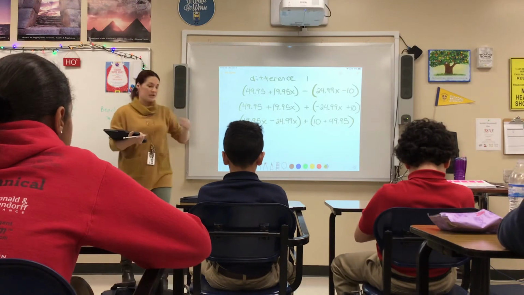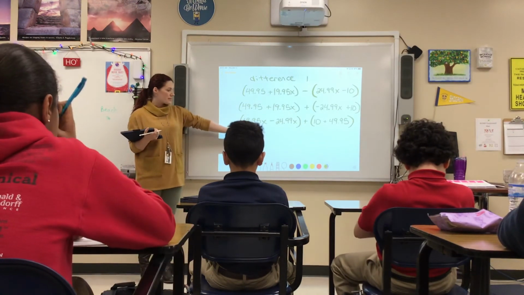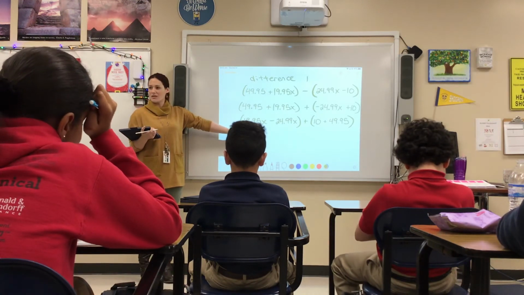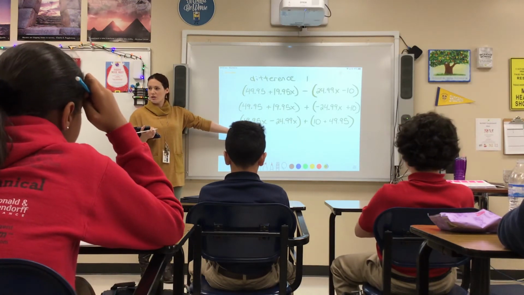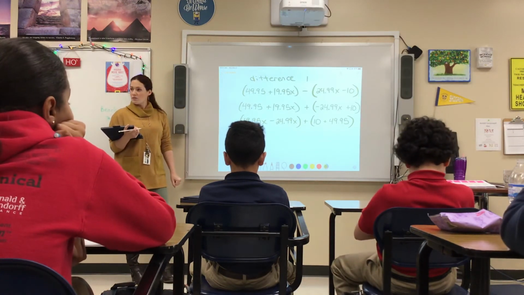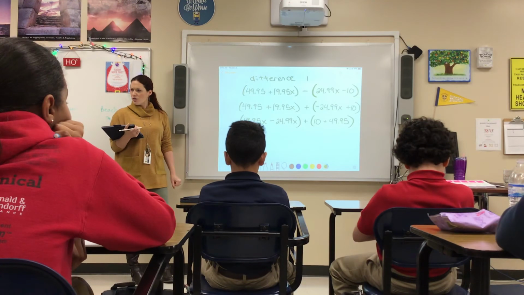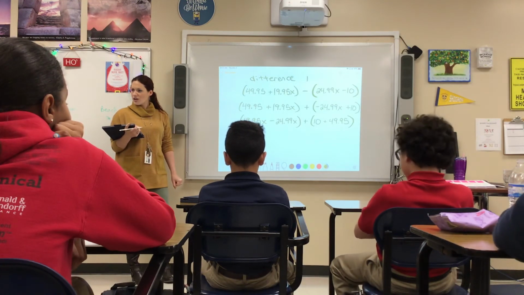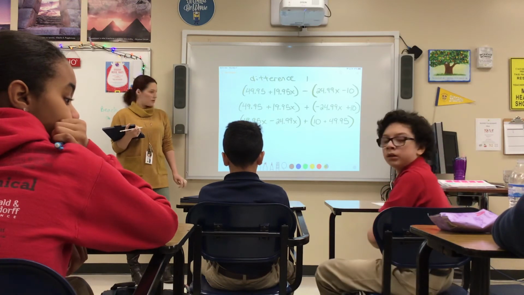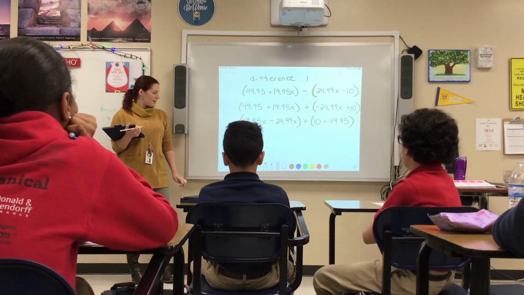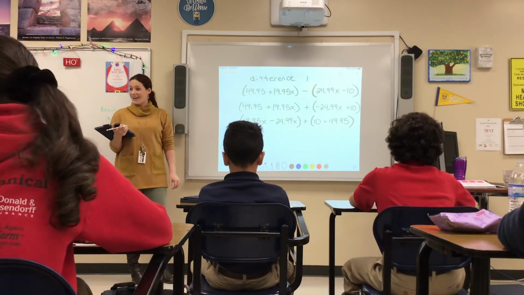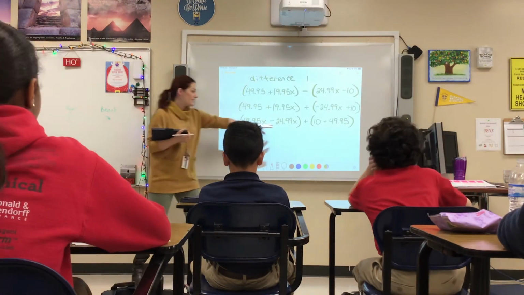Now we've got to figure out what we get. What's going to happen in this first set of parentheses? When I take 19.95 and subtract 24.99, what's going to happen? Jude? Oh, it's gonna be a negative $5.04. Right, because this is more than this.